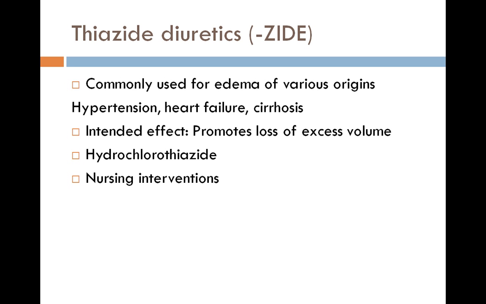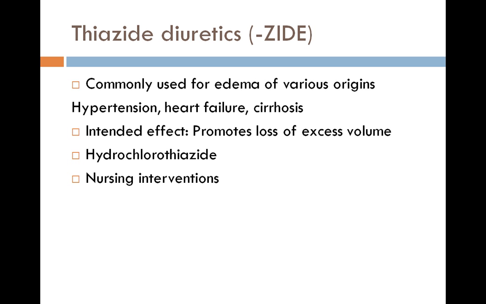Hydrochlorothiazide is the most commonly used thiazide diuretic, and what we have to remember about this thiazide diuretic is that it is a potassium sparing diuretic, and so we can't use this medication with patients that have renal failure. They're typically not used in pregnant patients, and our patients that are dehydrated, we wouldn't use a diuretic because we're going to cause them to lose more fluid volume. Patients that have hyperkalemia, this would not be the patient that could use a thiazide diuretic.